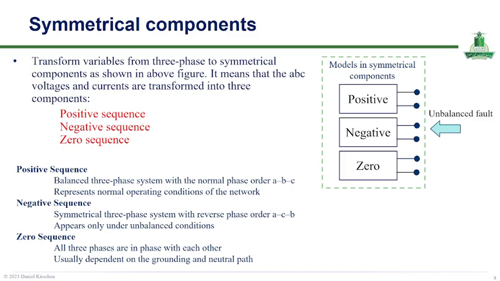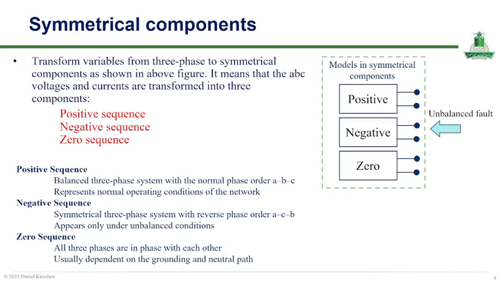In contrast, the negative sequence corresponds to a balanced system with a reverse phase order ACB, and typically appears only during unbalanced faults. And finally, the zero sequence consists of three components that are equal in magnitude and in phase with each other, and it is usually associated with grounding and the neutral path.